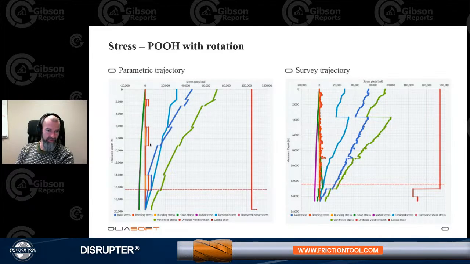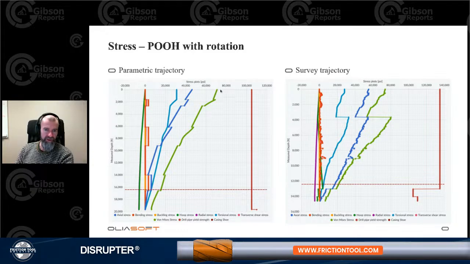You can also see that the bending stress, obviously in a parametric well, only has a value in these regions where we do have a dogleg. The ones that actually contribute to the von Mises stress, which is the green line furthest to the right, are these two blue lines, the torsional and the axial stress. They are the main contributors.